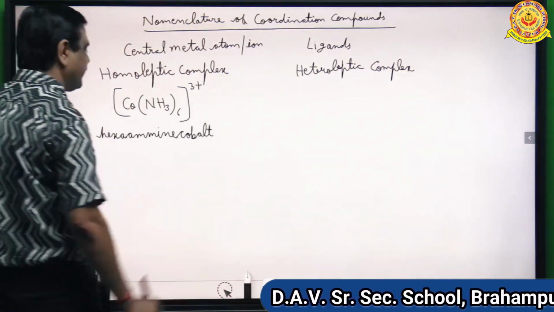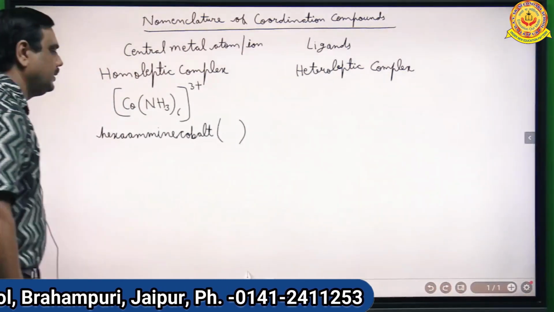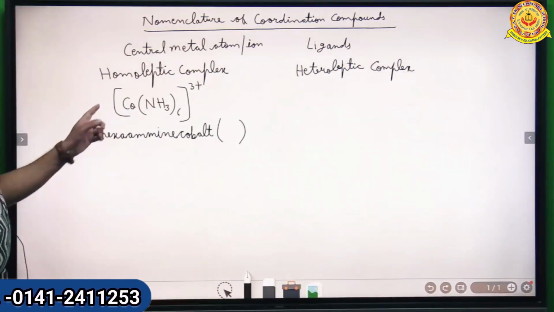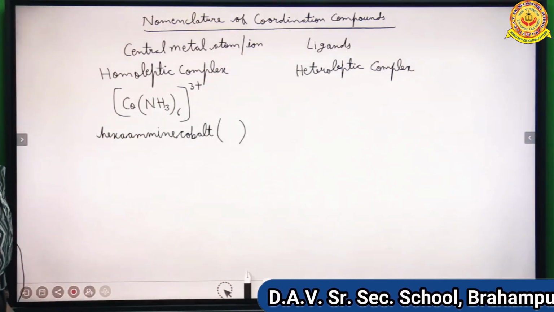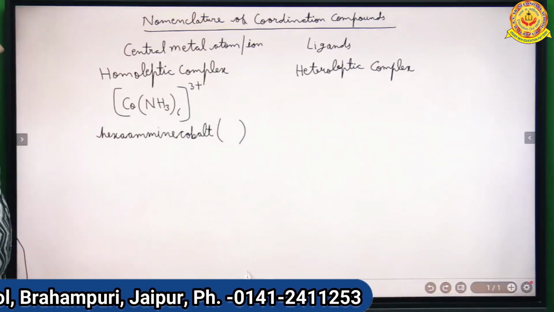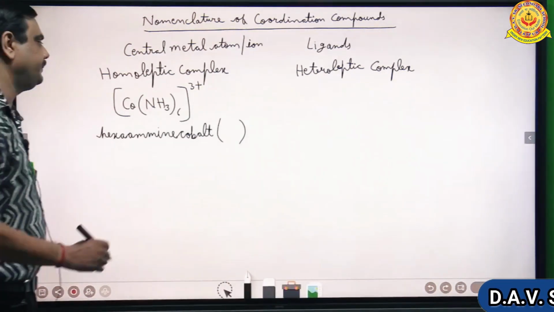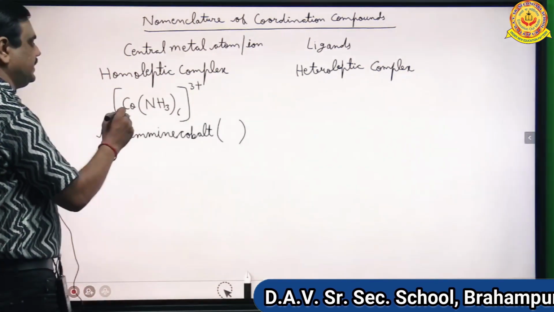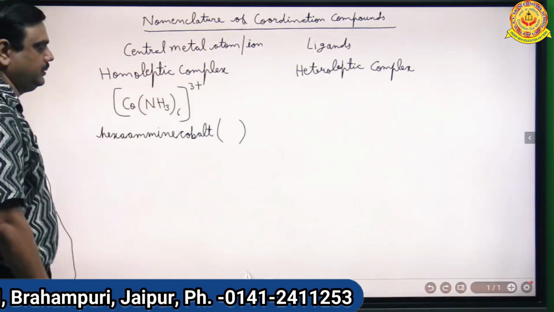Then in the small brackets we write the oxidation number of this central metal ion in Roman numbers. Now there is a question: how to assign the oxidation number? That is very simple. We have to assign the oxidation number to this cobalt.